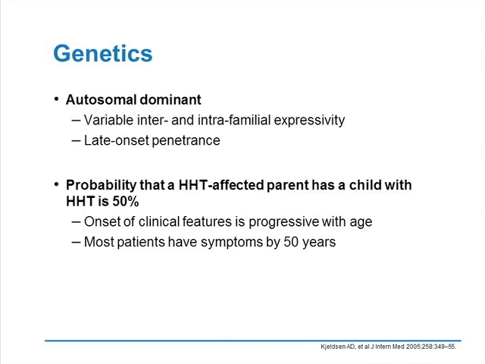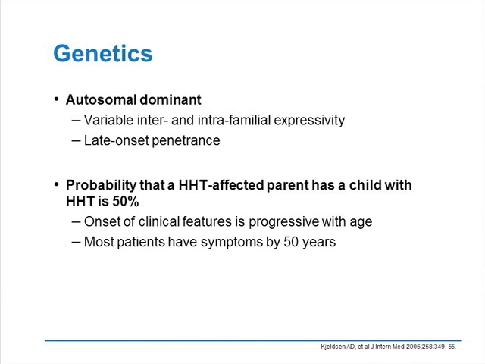All right, so a little bit about the genetics. Like I said, it's autosomal dominant. It's got variable penetrance, meaning that it comes on later on in life. So as a patient ages, the disease can manifest. And the other thing is that there's significant variation even within the expression of the disease within the family.